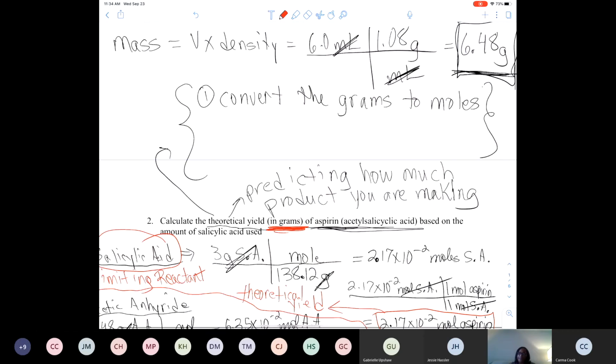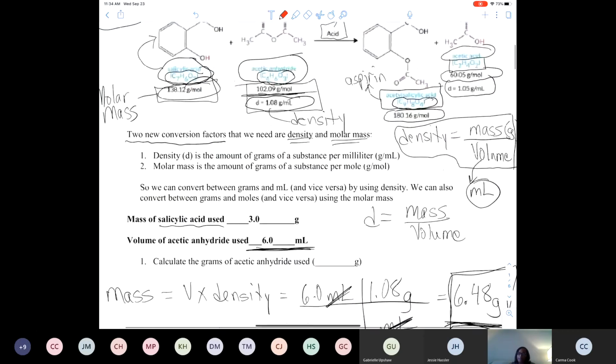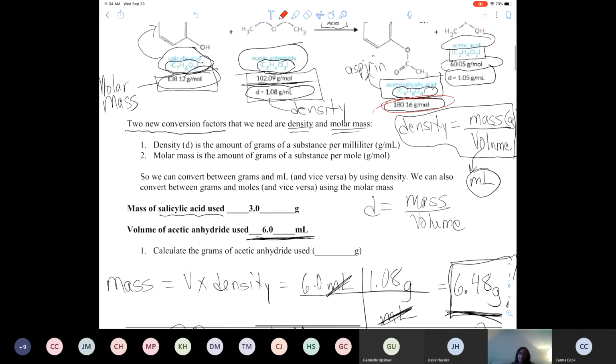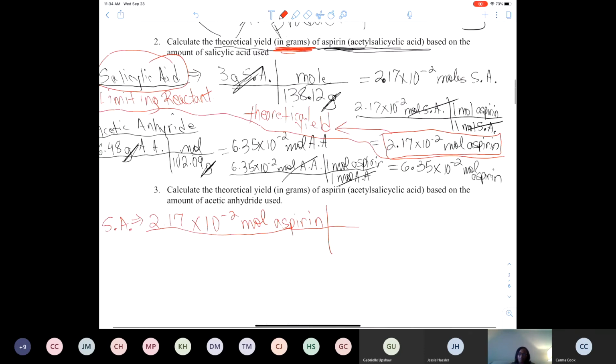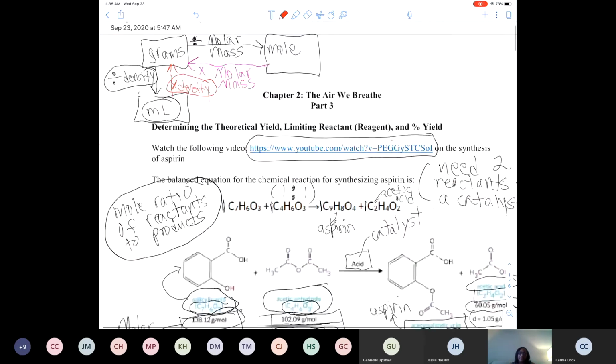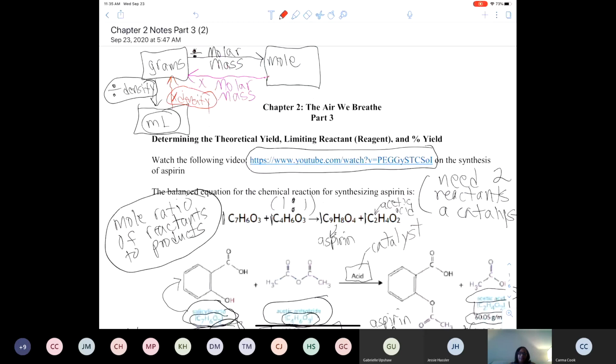Aspirin has a molar mass of 180.16 grams per mole. So we're multiplying the moles times the molar mass, just like our flow chart says, to get grams from moles. So we're going in this direction. We multiply the moles by the molar mass to get grams.